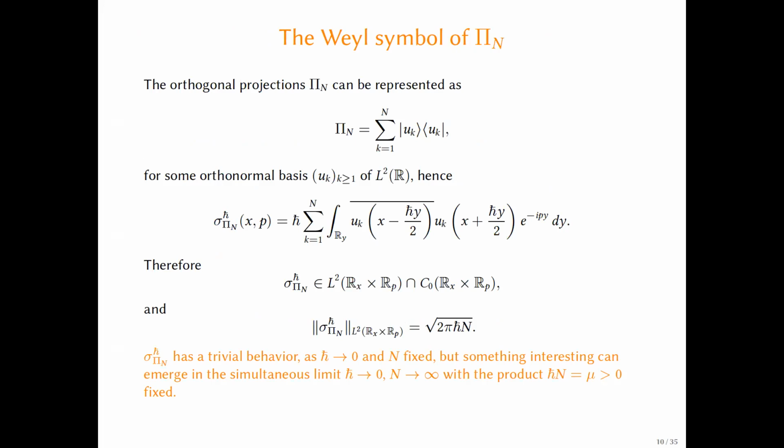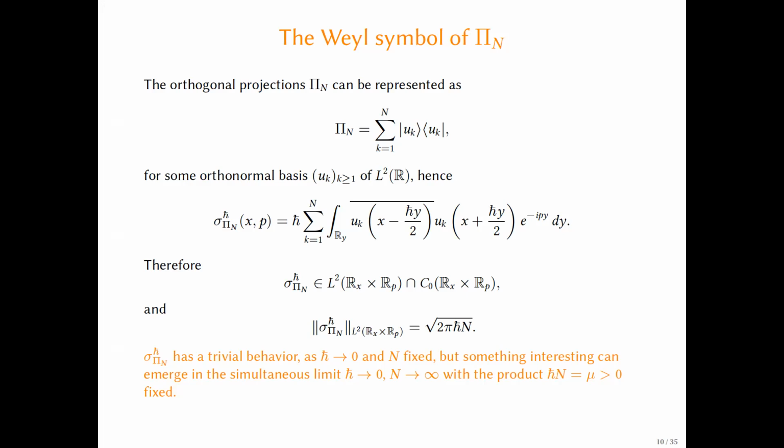Okay, so let us look at the beginning at the projection. The projection can be represented, as in the harmonic oscillator case, as a sum with k that goes from 1 to n of these rank 1 projections, where u_k is a certain orthonormal basis. Since this object has a trivial kernel, we can compute its Weyl symbol, and this Weyl symbol is in L2 and in C0, and moreover it is very easy to compute its L2 norm.